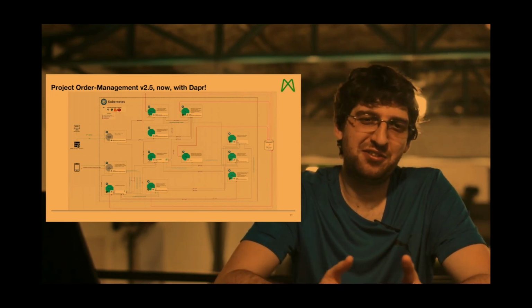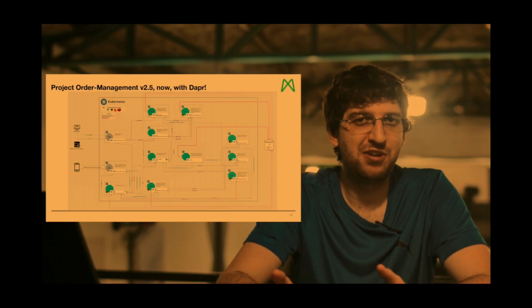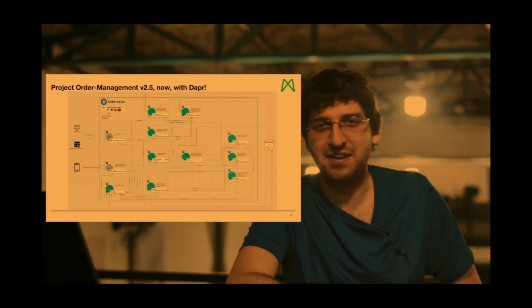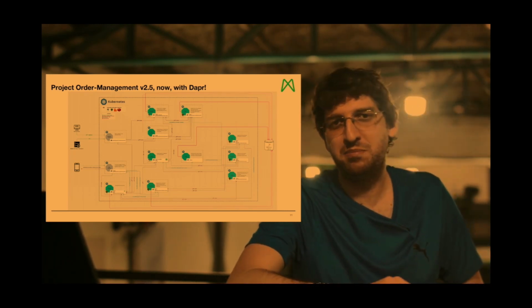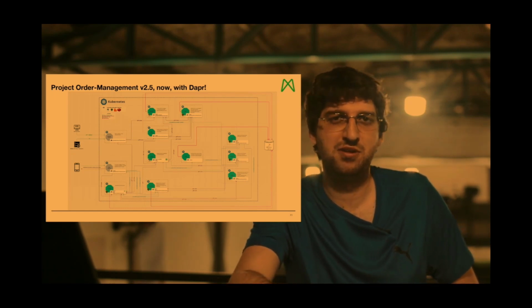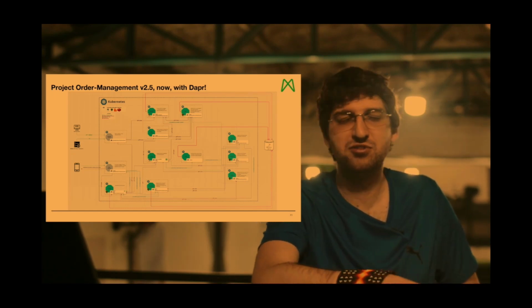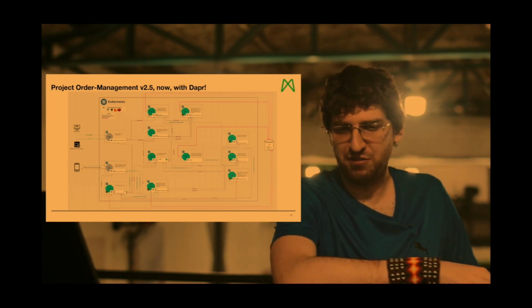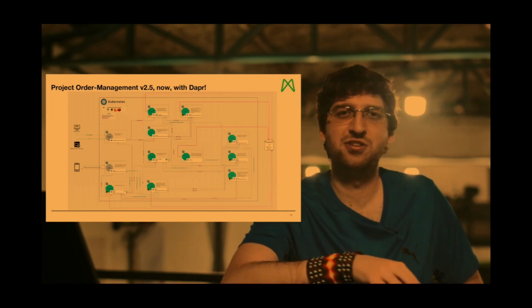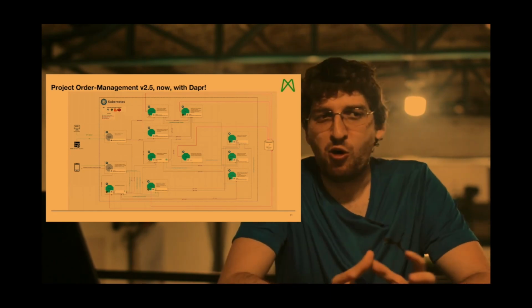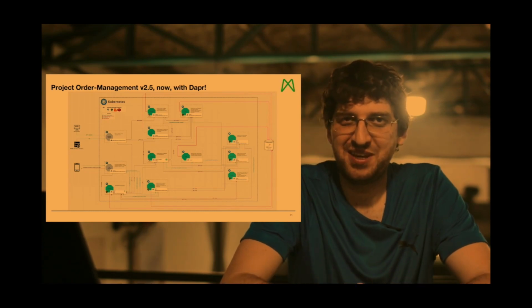We have the benefits of a pub-sub system that we didn't have, so we created complete event-based flows. So we just publish in a queue that an order is accepted, for example, and the whole system gets this information and does some processing. This decoupling helped us create a more scalable system.